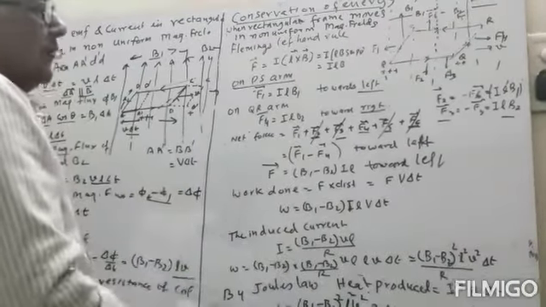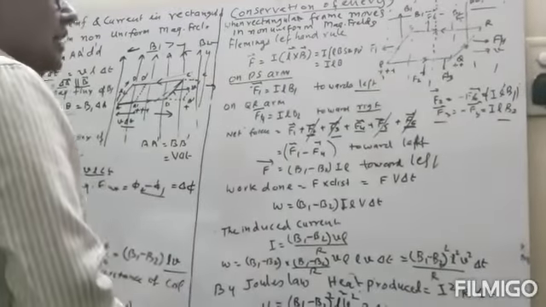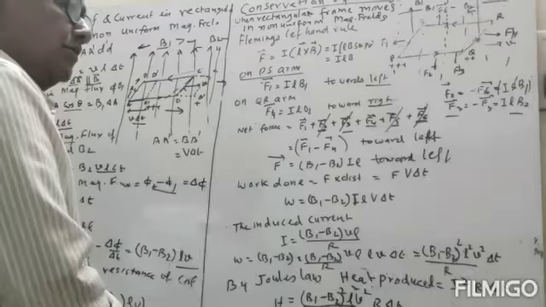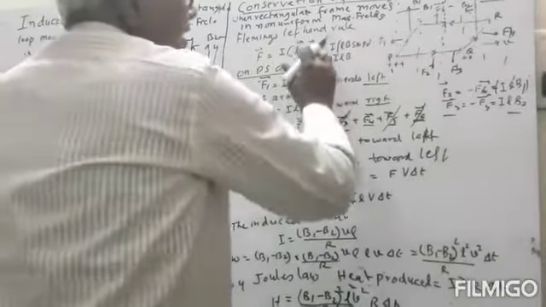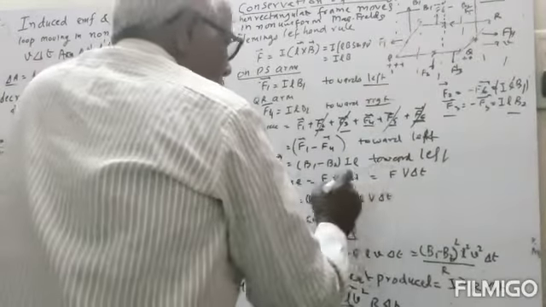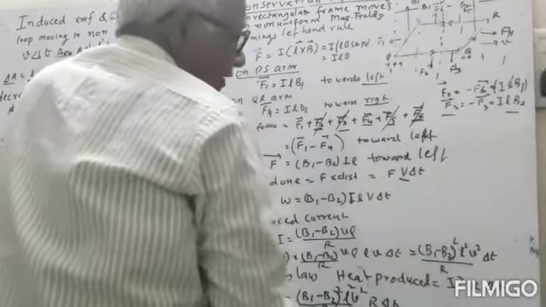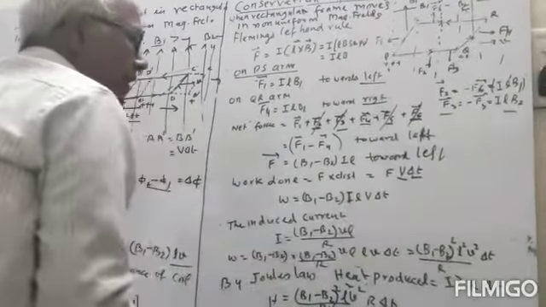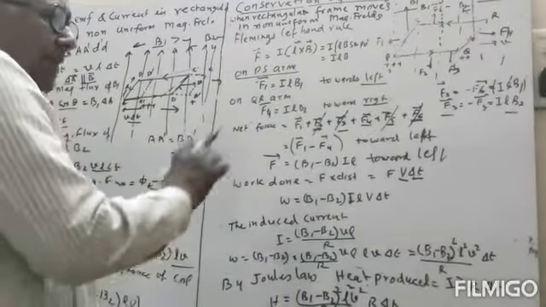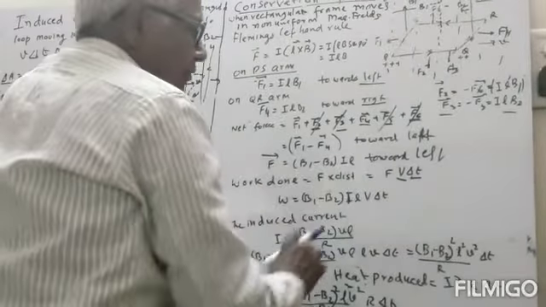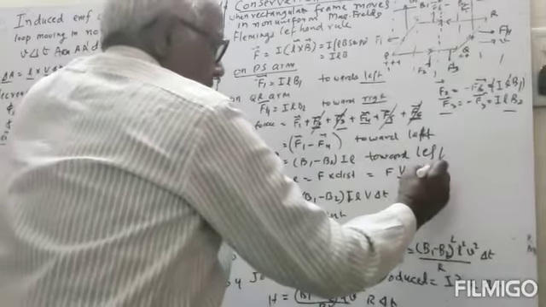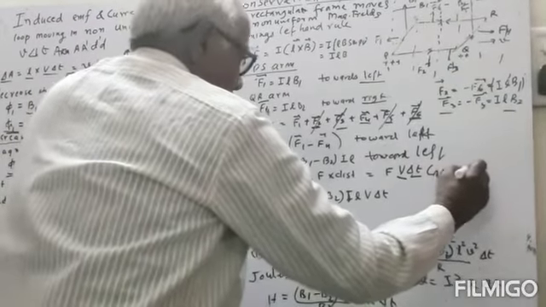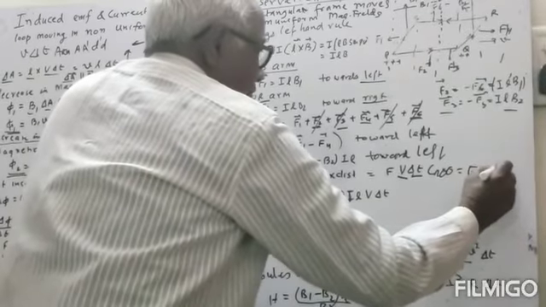Now what will be the work done? The work done will be equal to force multiplied by the displacement. Force is in this direction. Displacement: it is moving with velocity v, and delta t is the time, so displacement will be equal to v into delta t. Force and displacement are in the same direction, so W equals F v delta t cos theta, and theta is 0, cos 0 is 1.